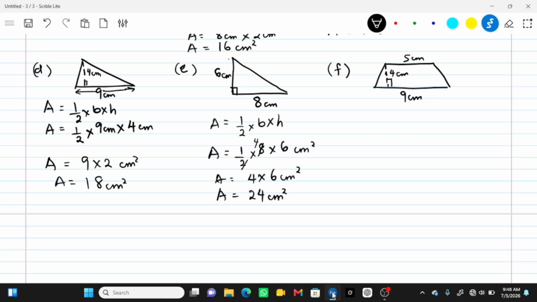And then this last one, you can work the other trapezium also. The area should be half, add the top and under, then multiply by the height. So the area will be half, the top is 5, the under is 9, so we have 5 plus 9 multiplied by 4.